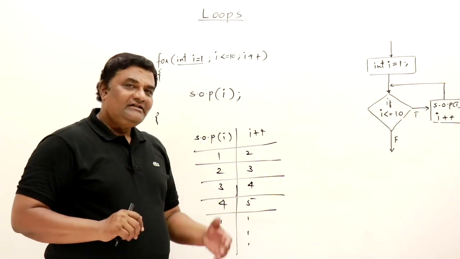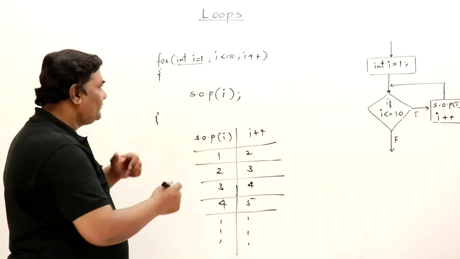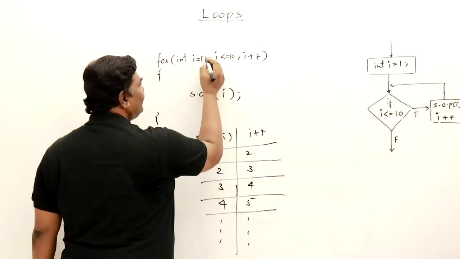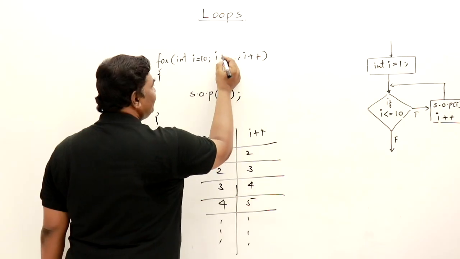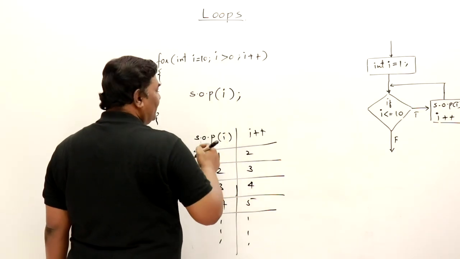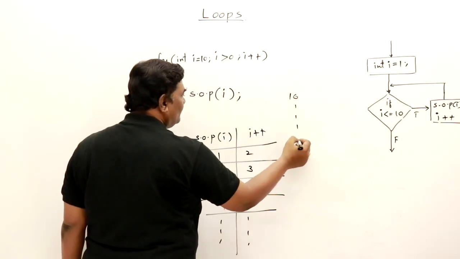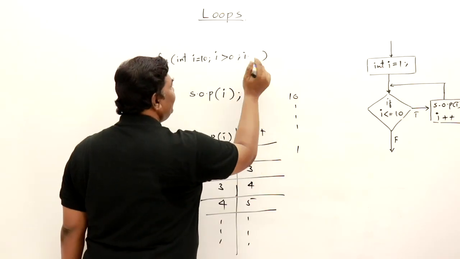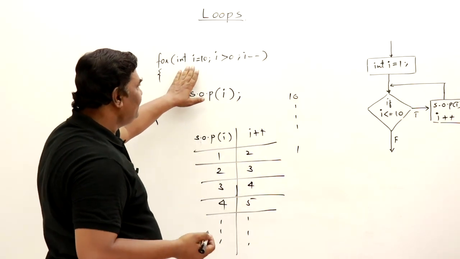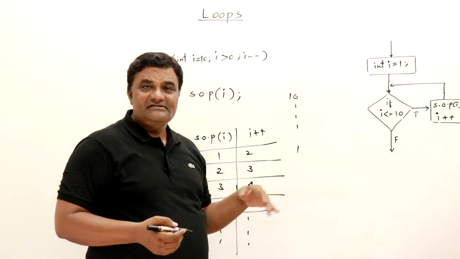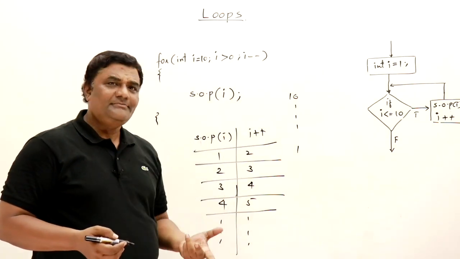Now one more thing, can we write it in another way? Suppose I want to start from 10 and continue as long as it is greater than 0, so I want to print the numbers from 10 to 1. So i should be decremented. Initialization can be anything and the updation can be anything. Updation doesn't mean only plus plus, it can be even minus minus.